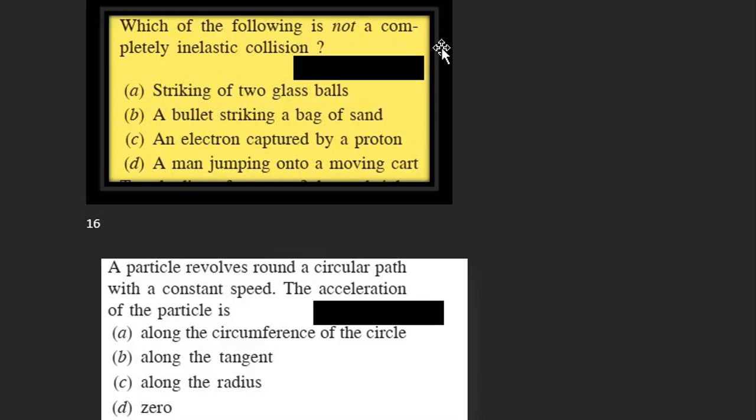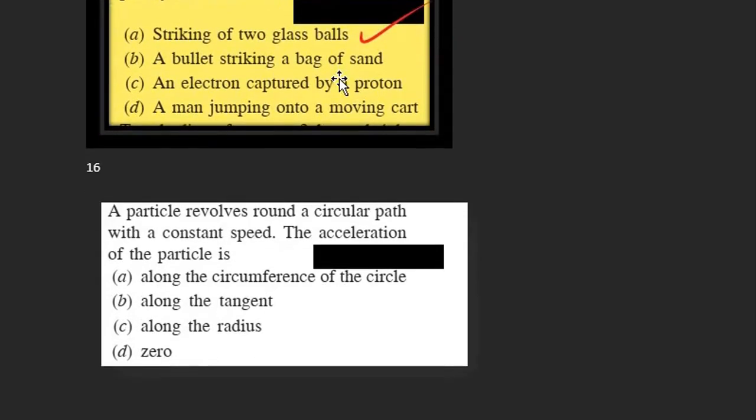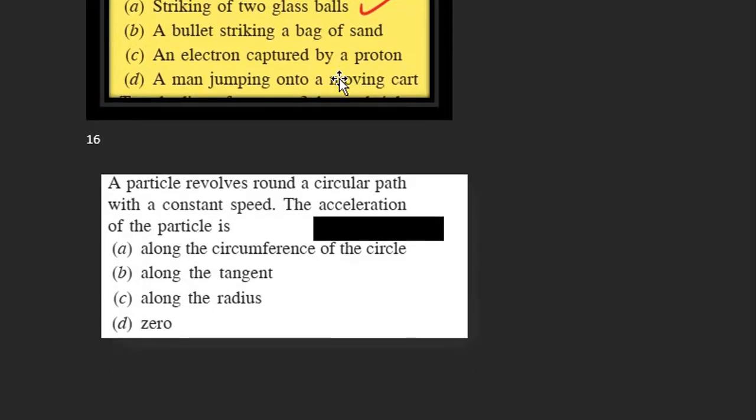Bullet strikes a bag of sand, they stick together. An electron captured by a proton, again they stick together. A man jumping onto a moving car, they move together. So the answer has to be, yes, you know it. It's answer A, right?